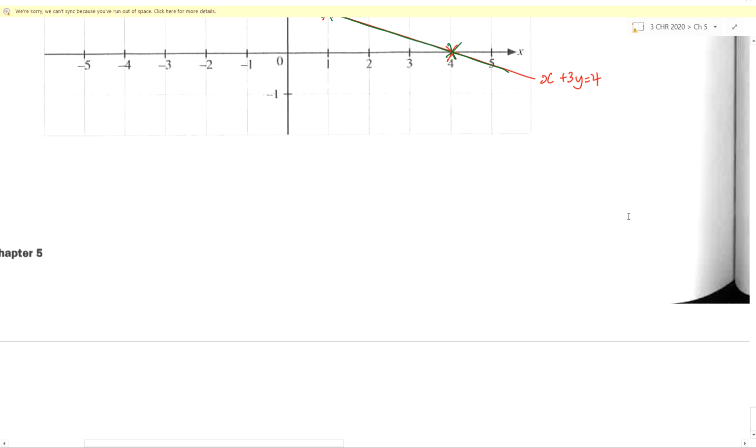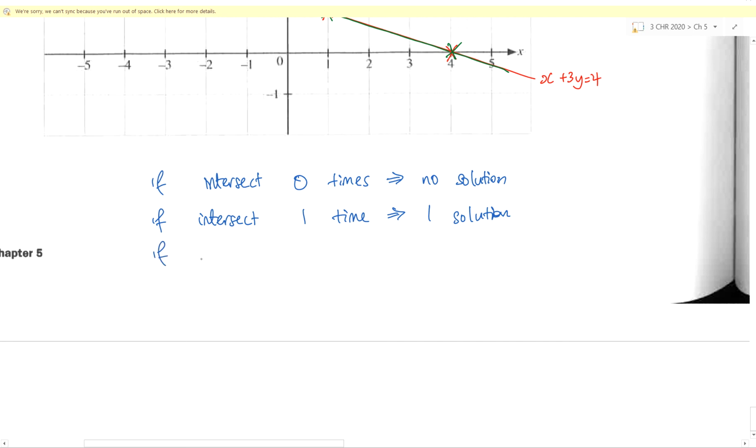Alright, so in summary, if they intersect 0 times, there's no solution. If they intersect 1 time, it means one solution. If they intersect 2 times, it means 2 solutions. And we can keep going.